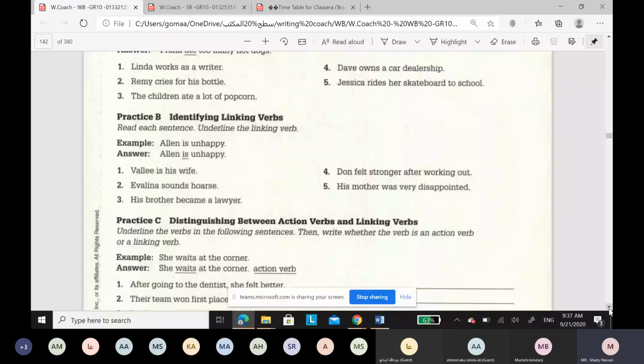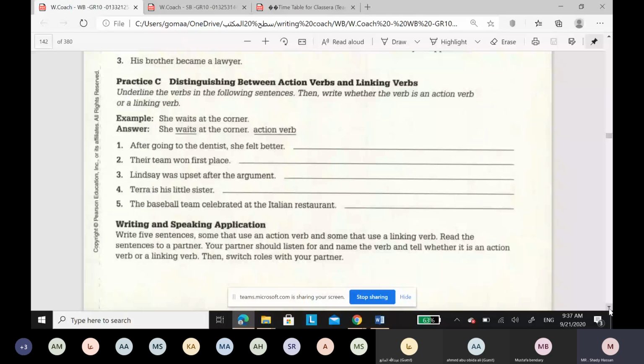We still have 3 minutes for this period to end. So let's answer practice 3. Practice C. Distinguishing between action verbs and linking verbs. Underline the verbs in the following sentences. Then write whether the verb is an action verb or a linking verb. Example, she waits at the corner.